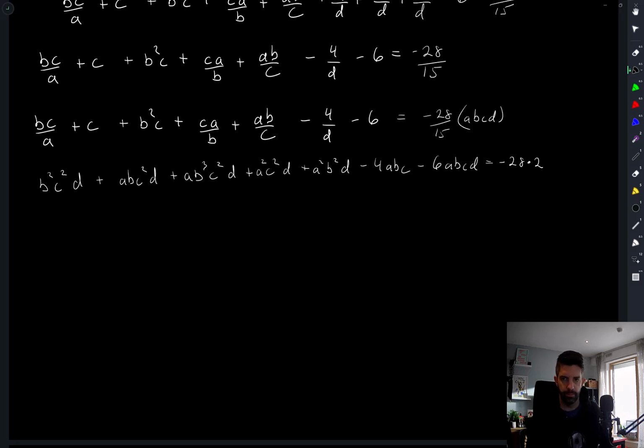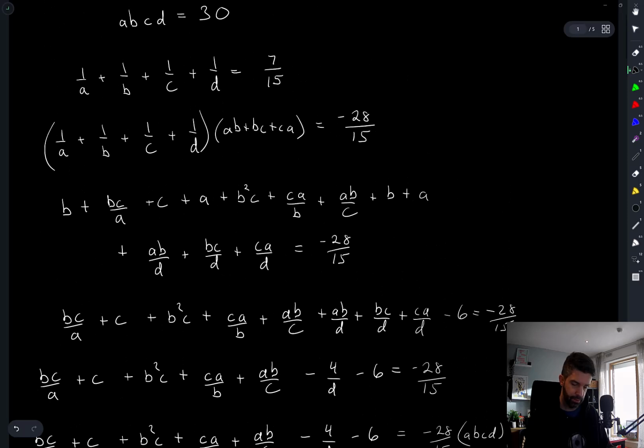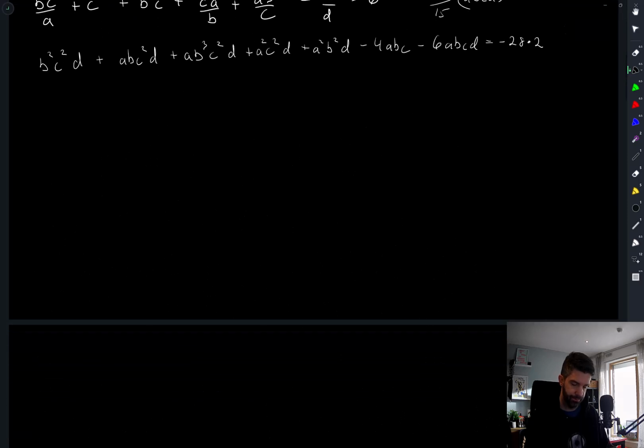I have another potential thought here, is what if I just compute A plus B plus C plus D and square the whole thing? And then maybe I can use these equations to manipulate some things. This doesn't seem like a good way to continue what I've got going on here. I'm going to try something else.